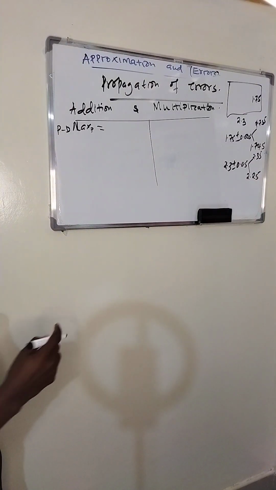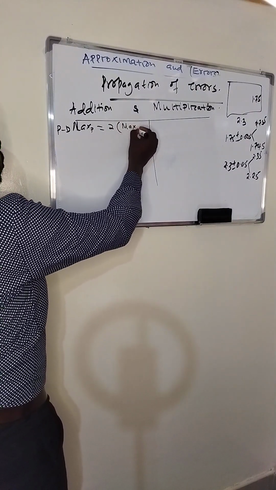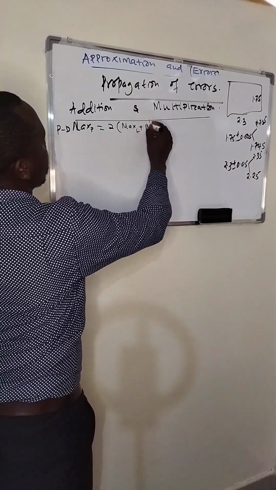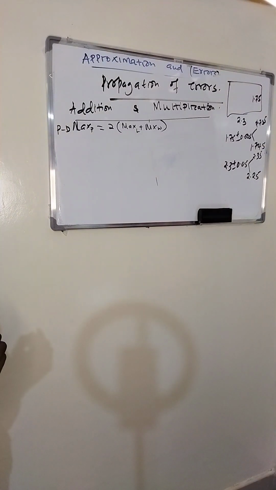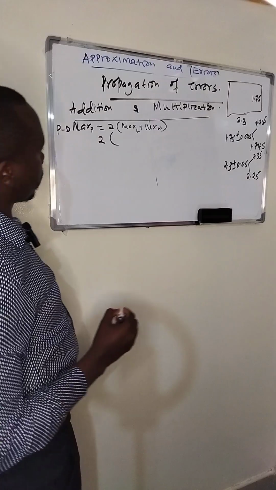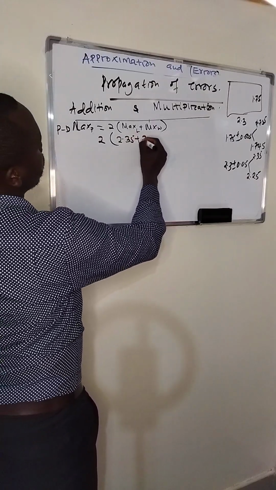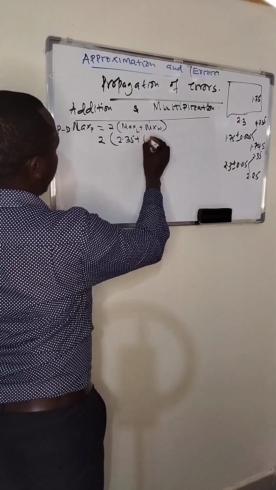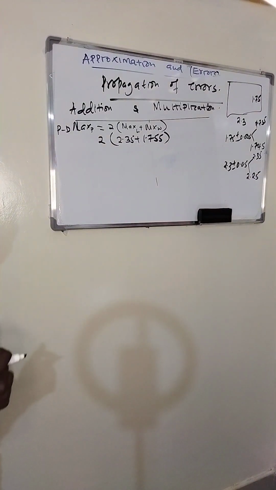So maximum perimeter is 2 into maximum length plus maximum width. That means 2 into brackets maximum length 2.35 plus 1.755. That is the maximum perimeter.